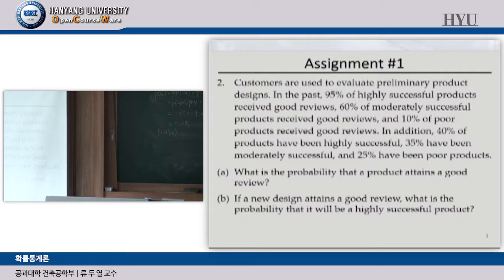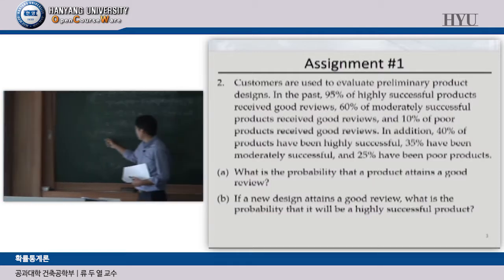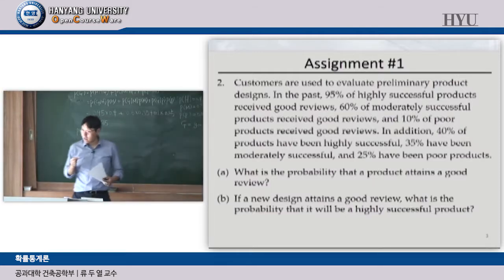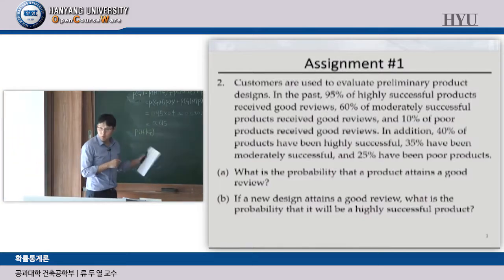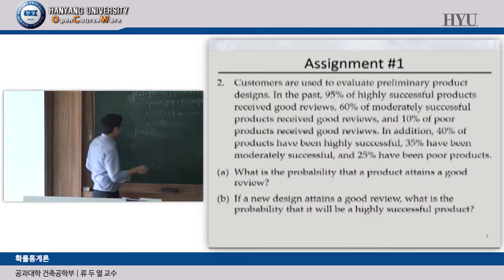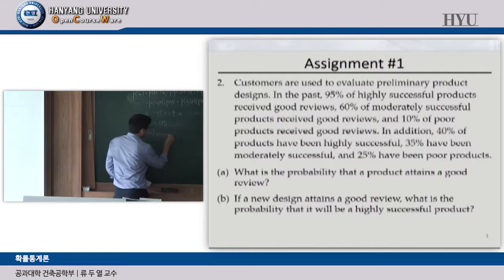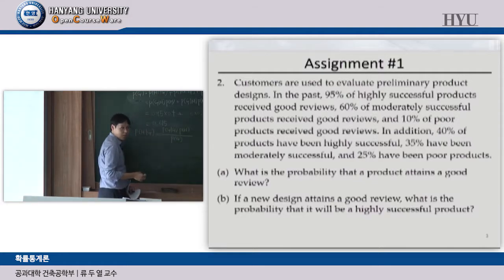Because we have to find the highly successful product when we obtain a good review. As I already explained, the order is not important for this case. So this can be the conditional probability of G given H multiplied by the probability of H over the probability of G.